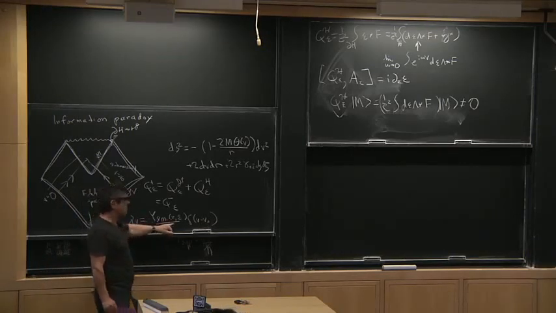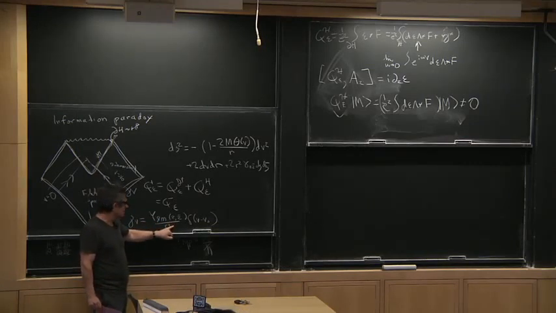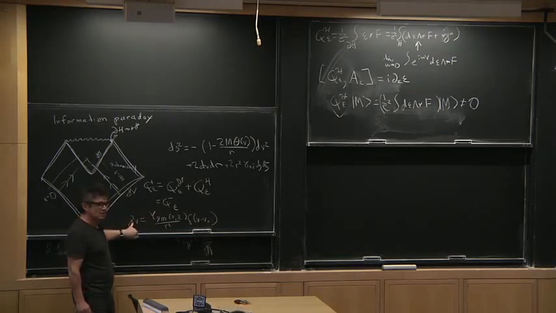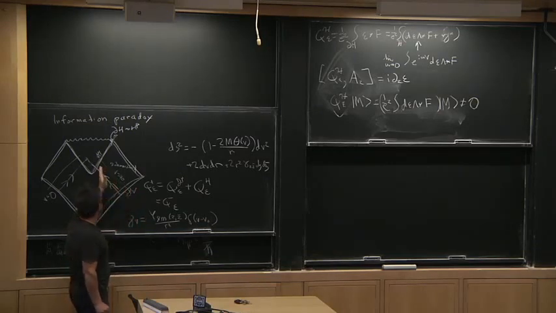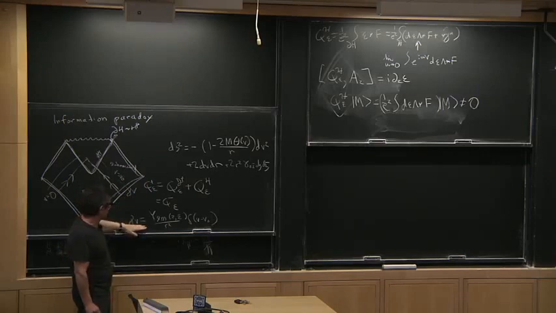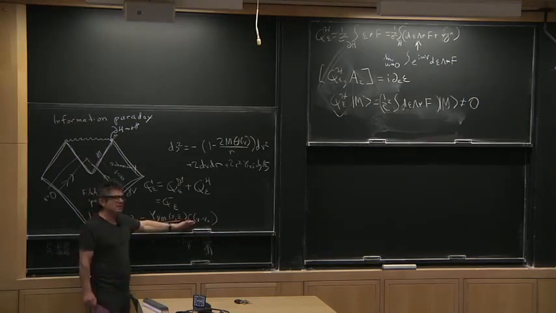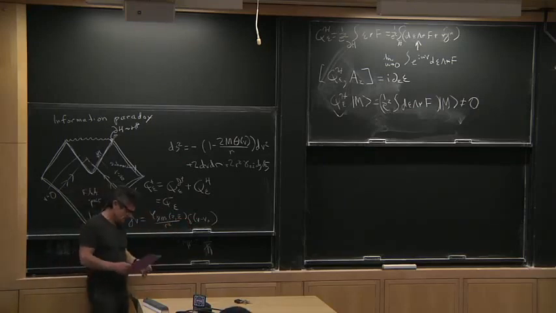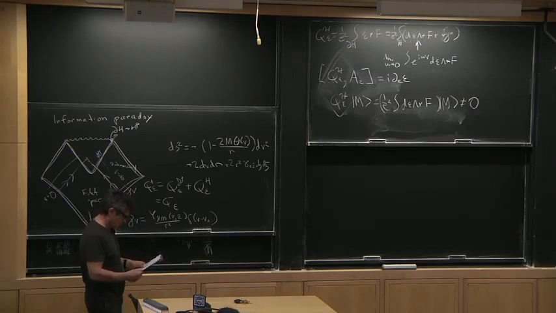So we're sending in a shell of charged matter, but since it's Y_lm, the net charge is 0. If we had net charge here, we would have to talk about going from Schwarzschild to Reissner-Nordström. So we know we're going from Schwarzschild to Schwarzschild, and in the perturbation theory we're working in, we can neglect the change in the mass.